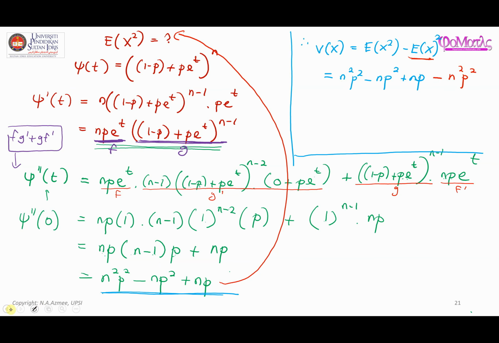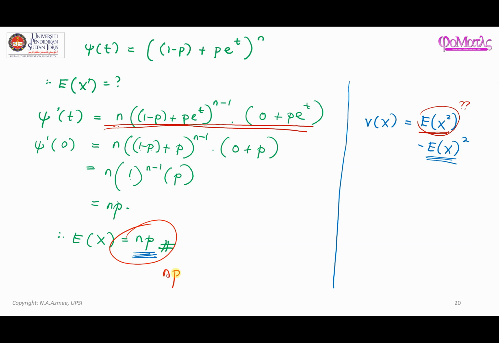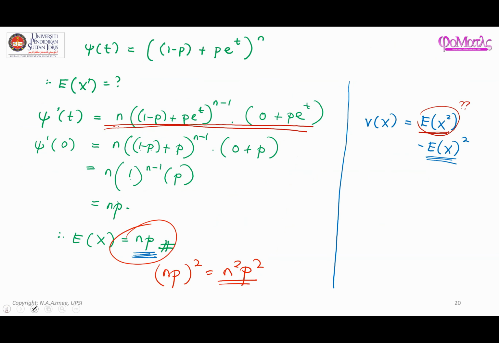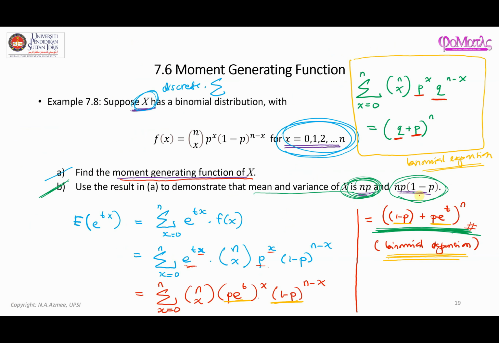When you square np, you get n^2 p^2, and clearly you can cancel that out, and what is left is np - np^2. Factor out np: np(1 - p), and this is the variance of X. So this is what you are asked to demonstrate in the question.